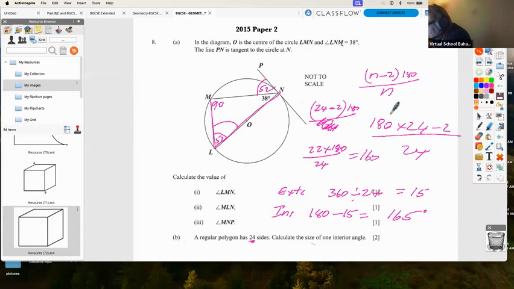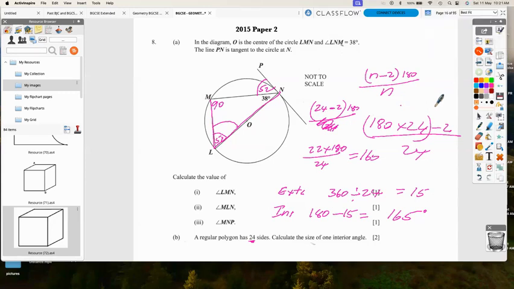That is one way. But you see how you mixed up the formula here? What you did, you would have had to multiply first and then subtract 2, which would be wrong. It is 24 minus 2 first, in the brackets, then times 180 over 24. Do you think you understand what I'm saying? Yes, sir.